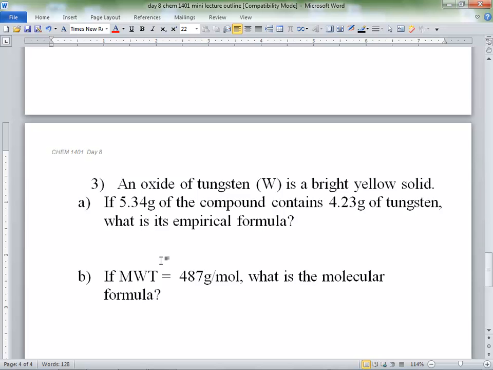Is it 41.83? They have 56. It's 3 carbons, 4 hydrogens, and an oxygen. I see 56 down there.